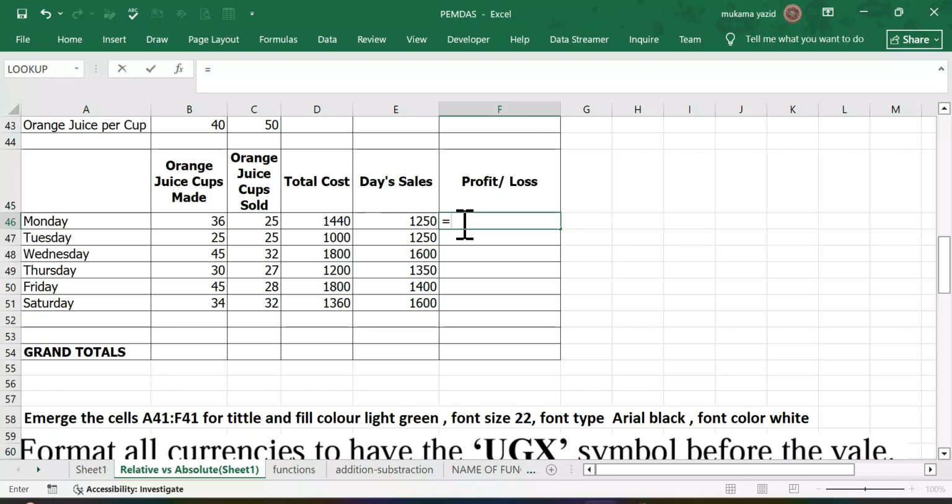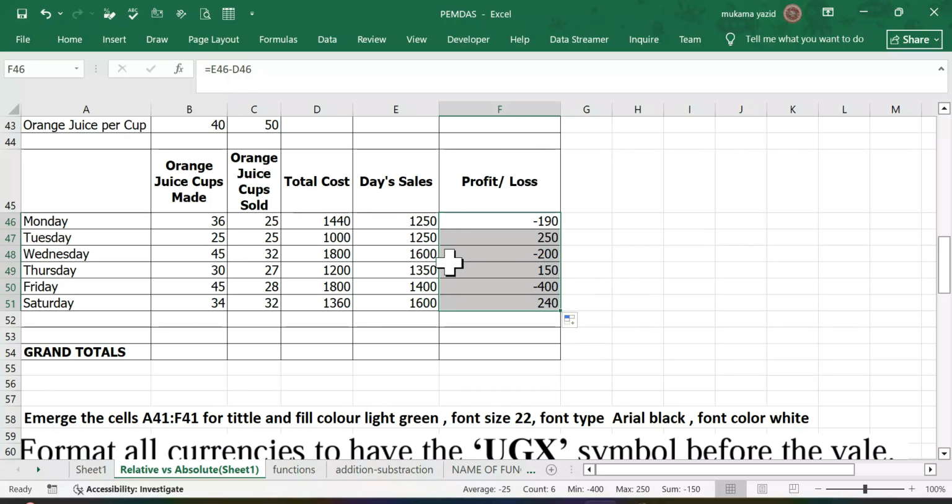If we remain with some balance, it means we get some profit. If we don't, it implies we are negative, actually we are making a loss. So we shall say this one minus this, we press enter, so we get this as the amount.